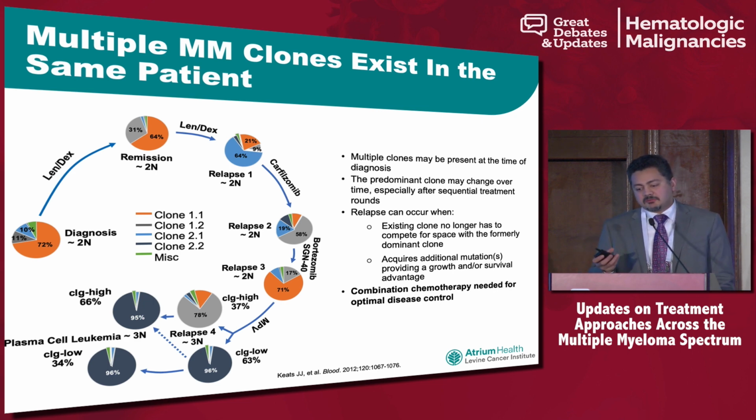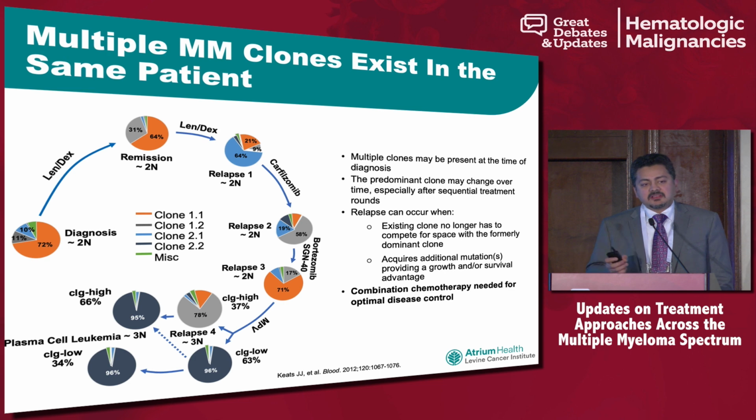From a myeloma biology perspective, this is a very old slide, one of the most utilized figures that we use to explain myeloma cell biology: even in a given patient, you have many different myeloma clones at the time of diagnosis.